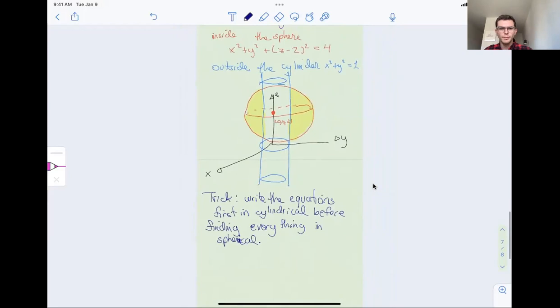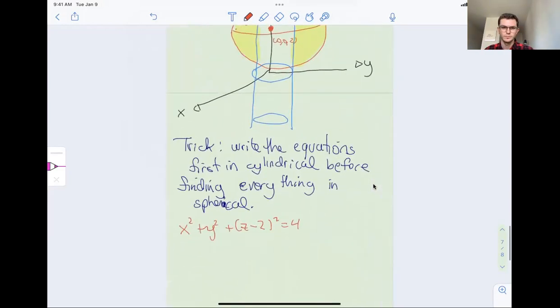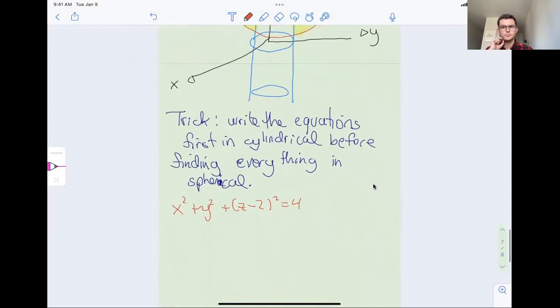So what happens if you follow this advice, right? This was the equation of the sphere. What does this become in cylindrical coordinates? It becomes r squared plus (z minus 2) squared equals 4, right?